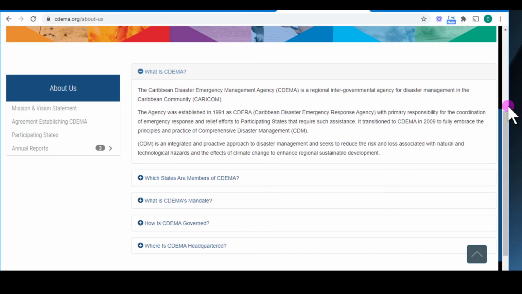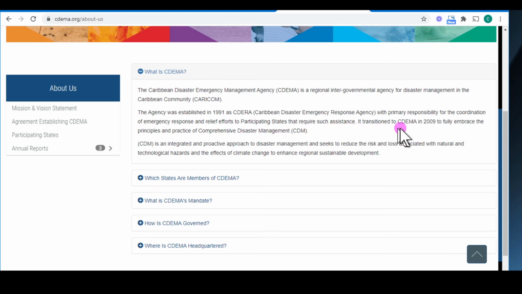So it says here, the Caribbean Disaster Emergency Management Agency is a regional intergovernmental agency for disaster management in the Caribbean Community, or CARICOM. The agency was established in 1991 as CDERA, the Caribbean Disaster Emergency Response Agency, with the primary responsibility for coordination of emergency response and relief efforts to participating states that require such assistance.